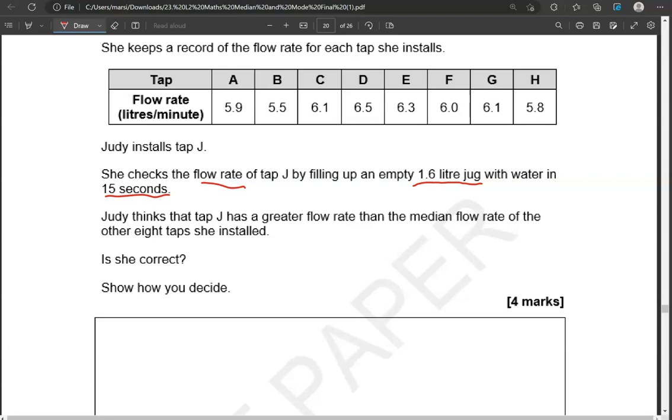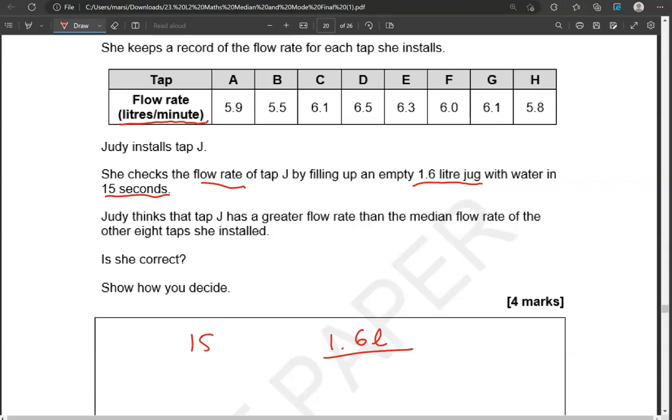So we first need to work out the flow rate for tap J. It's the flow rate, litres divided by time, which is in minutes. So how many litres? That is 1.6 litres divided by time in minutes. Now we've got 15 seconds. That is 0.25 minutes, a quarter of a minute.